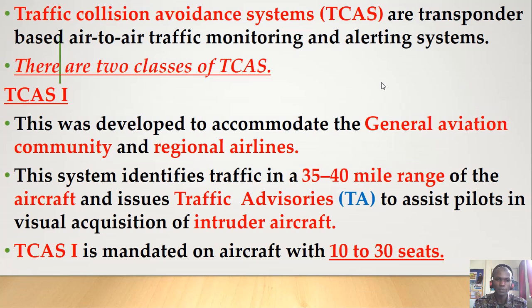TCAS 1 is mandated on aircraft with 10 to 30 seats. So it works within a 35 to 40 mile range to assist pilots in visual acquisition of the intruder aircraft. So if you have 10 to 30 seats, TCAS 1.